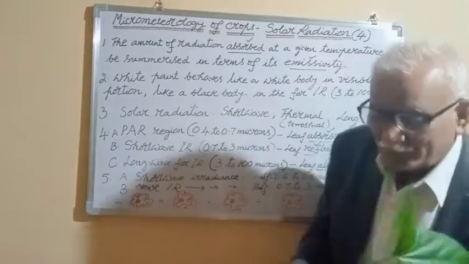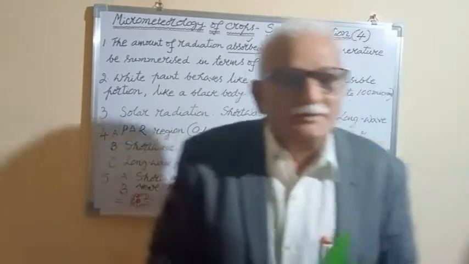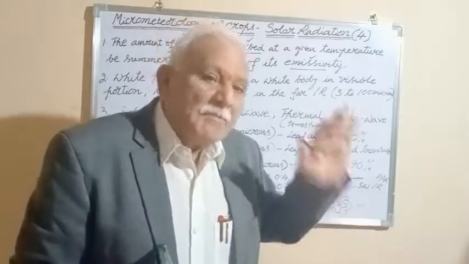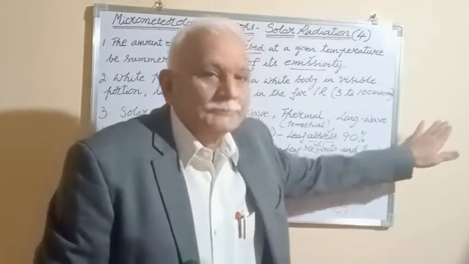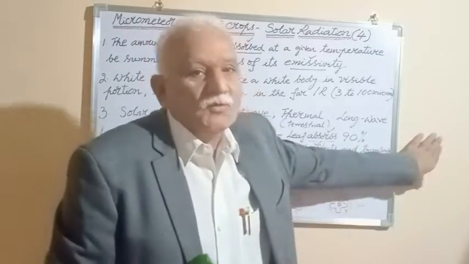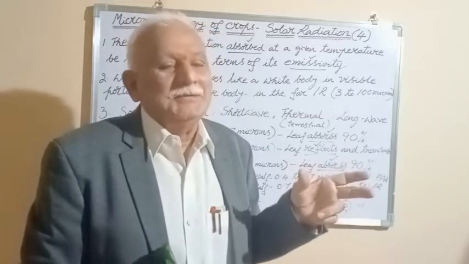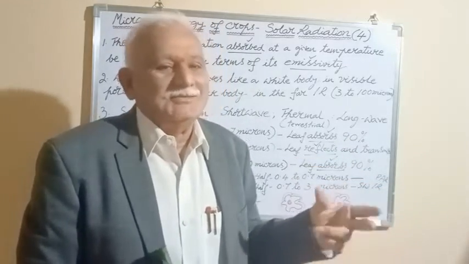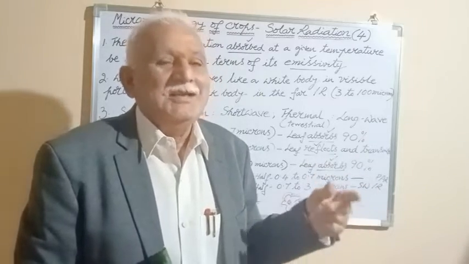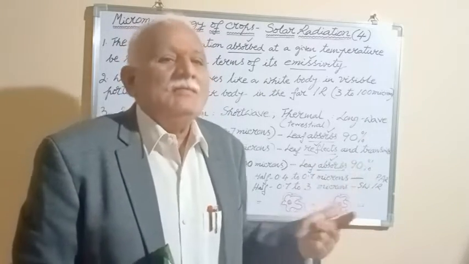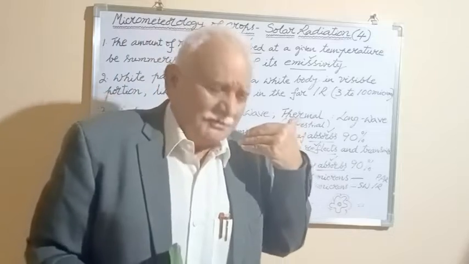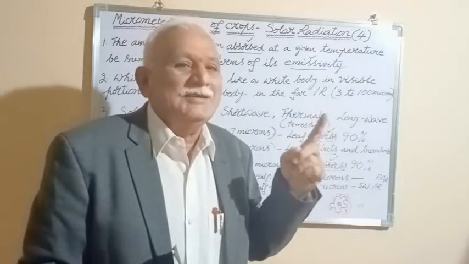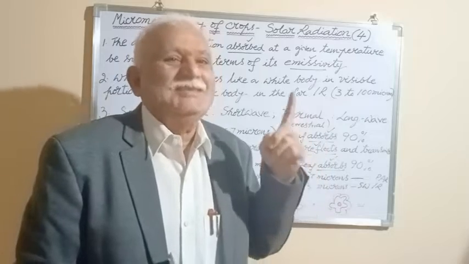Now, the second important thing is if you just take white paint, say for example this wall. As far as 0.4 to 0.7 microns in the visible part or light part is concerned, it behaves like a very good reflector. So that means its emissivity is unity.